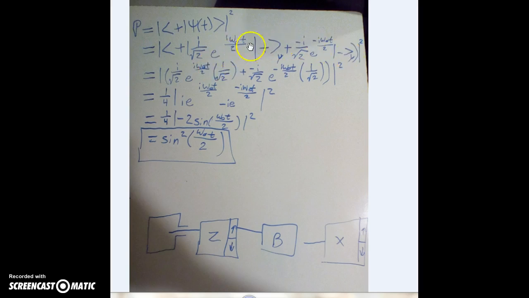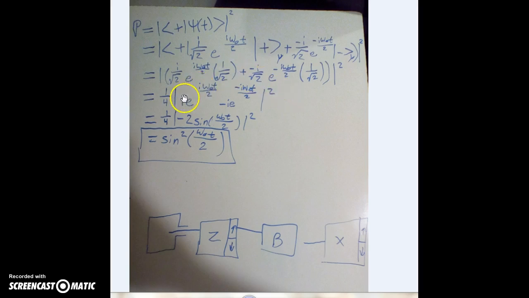simplify this or solve this out, and eventually it simplifies down to 1/4 times i e to the i omega naught t over 2 minus i e to the negative i omega naught t over 2, squared.